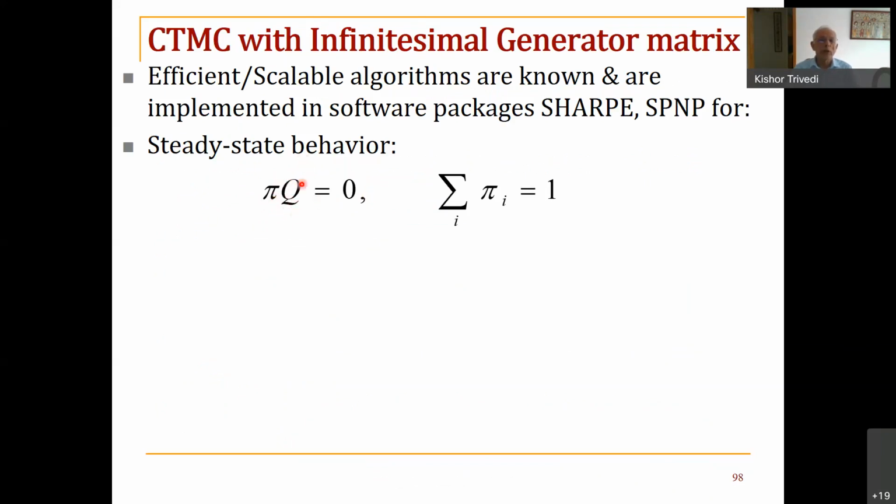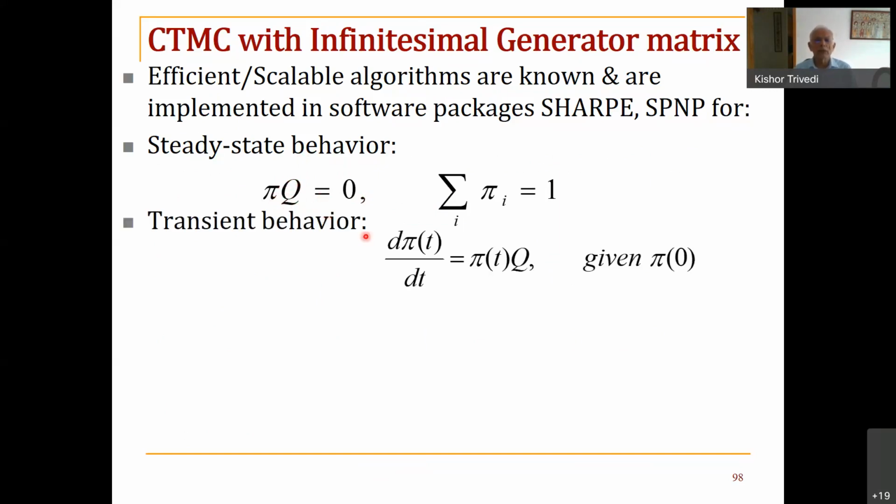Except Q may not be 4 by 4 or 3 by 3, but million by million or 10 million by 10 million. And transient behavior amounts to solving the differential equation d pi by dt equals pi times Q, once again with Q being a million by million.